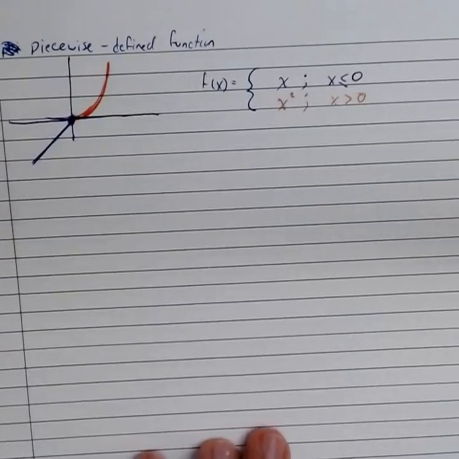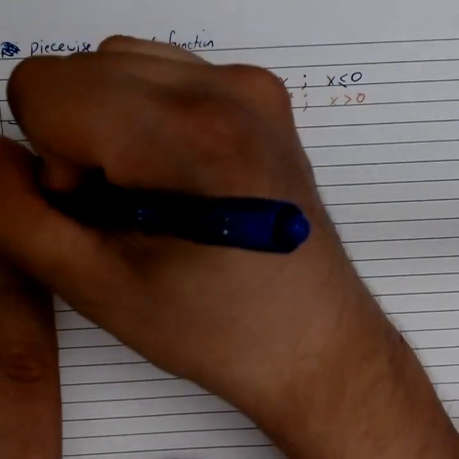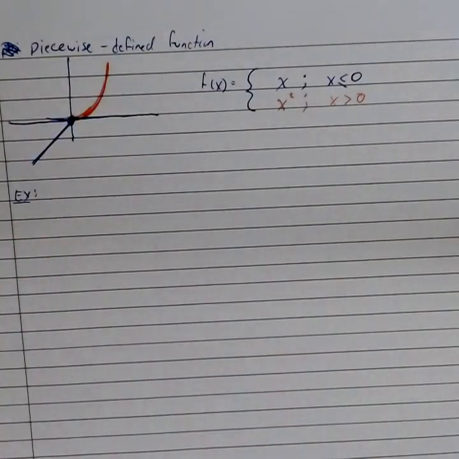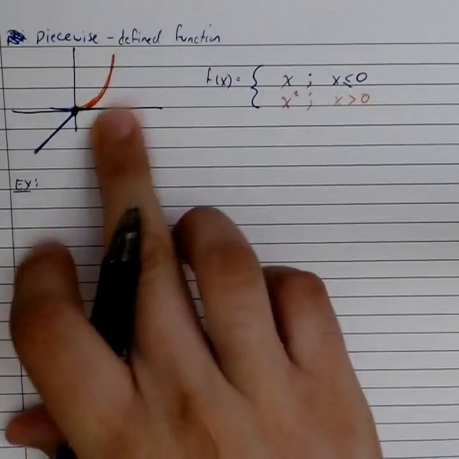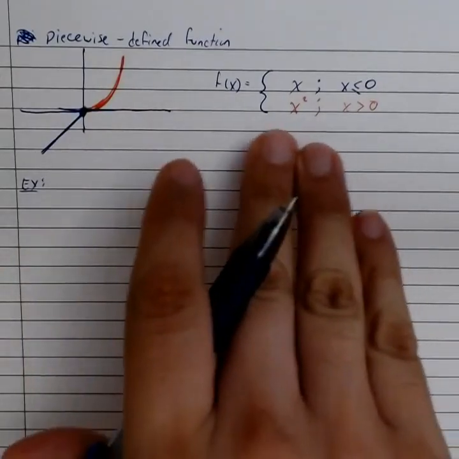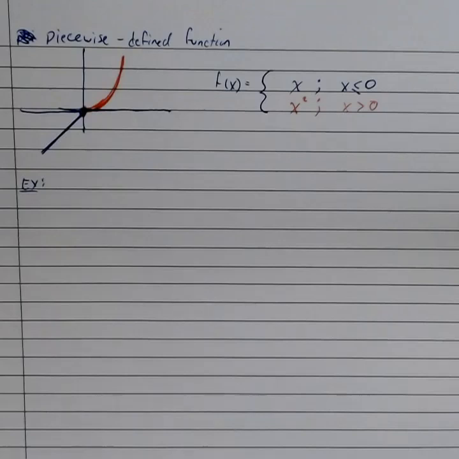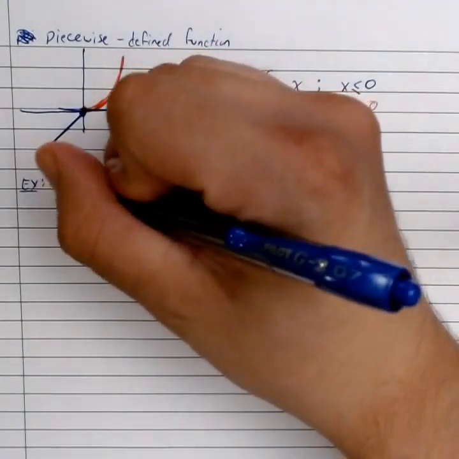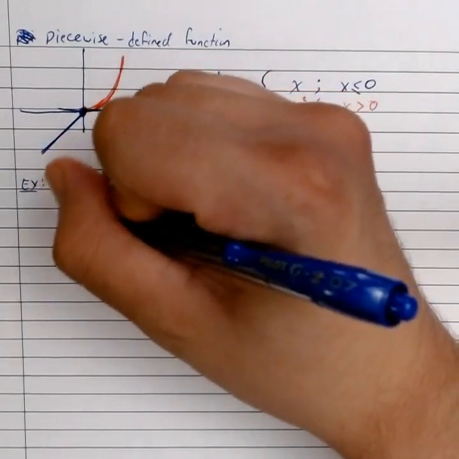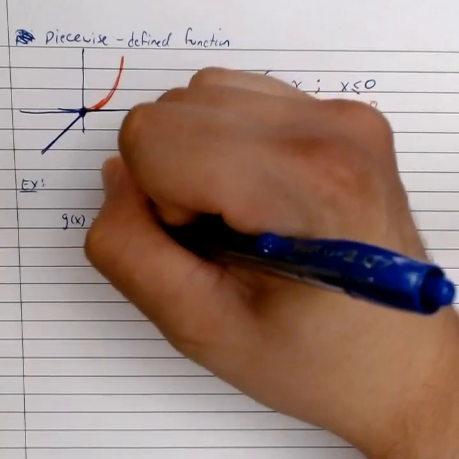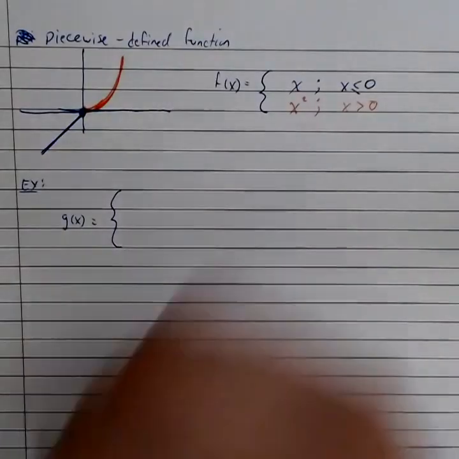All right, so let's go ahead and look at a few examples of a piecewise function. First of all, let's forget about a graph for just a second. Let's just talk about the equation and how it relates to the way we usually look at functions and plotting points and all that other stuff. So let's take a function, we'll call it g of x, and I'm going to define it in 3 separate pieces.